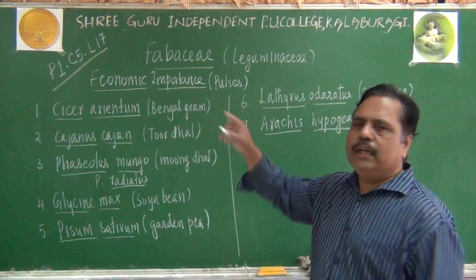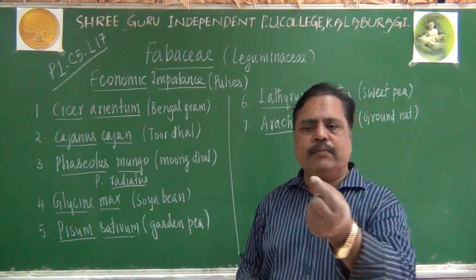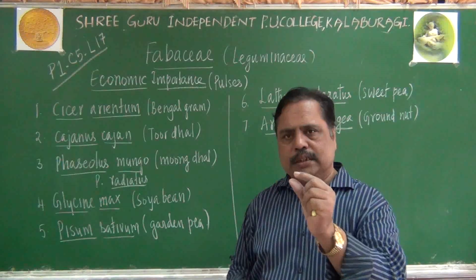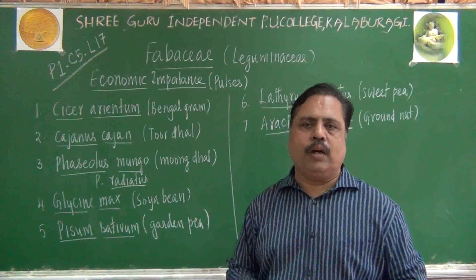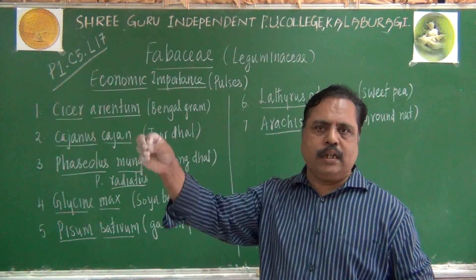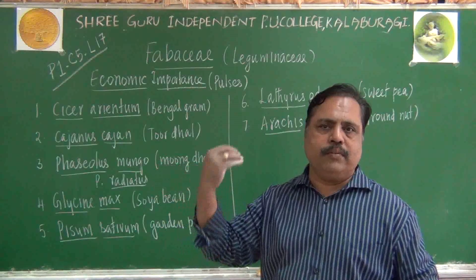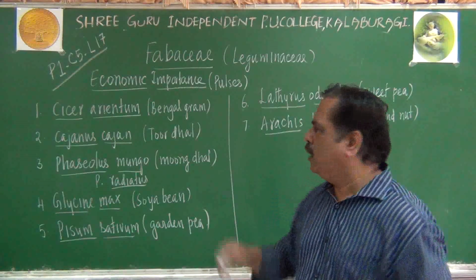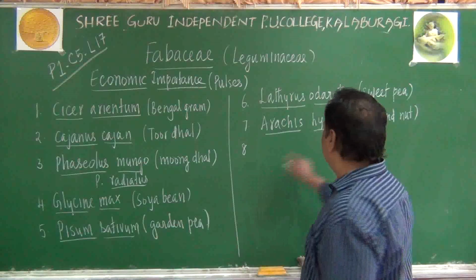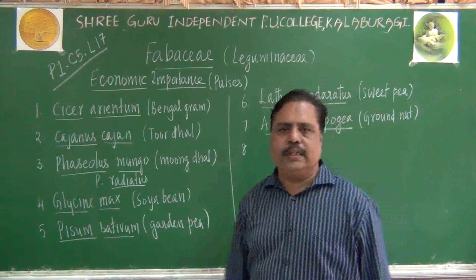From it, oil is extracted. And it can give oil cakes, which can be used as fodder for cattle, cow, sheep and all. This is Arachis hypogea, or otherwise groundnut.